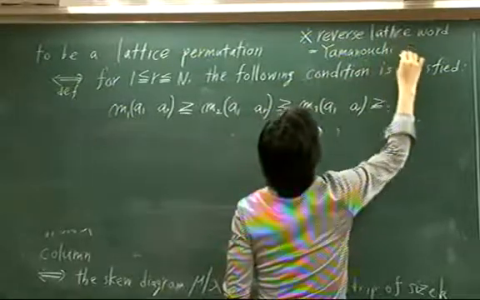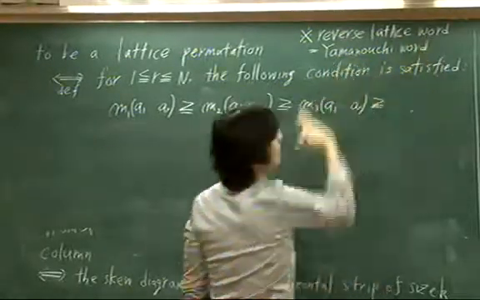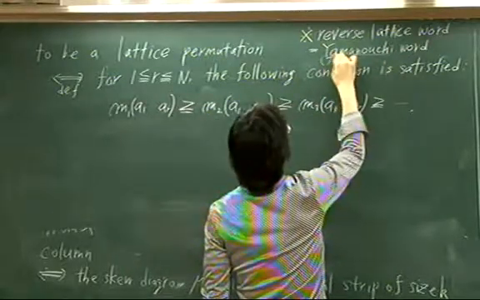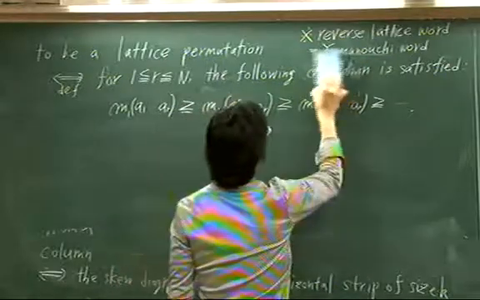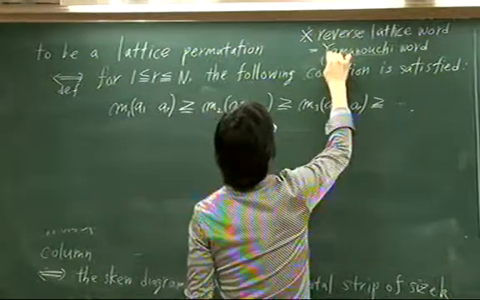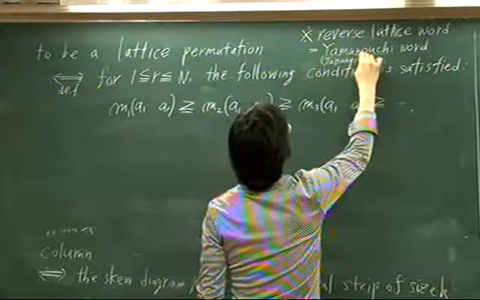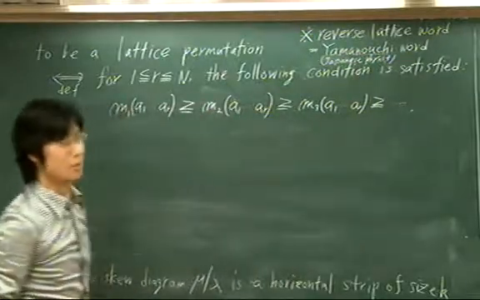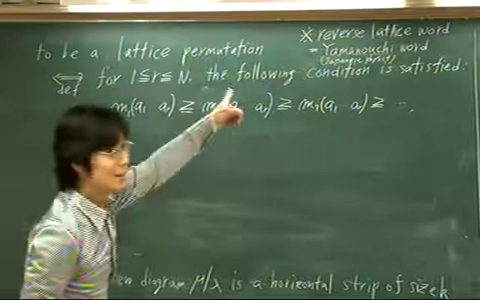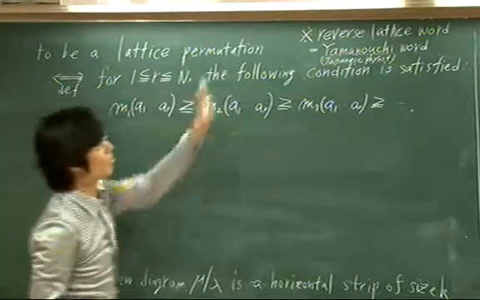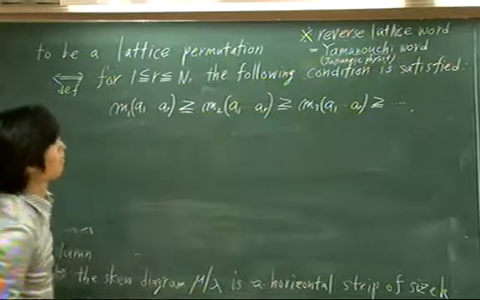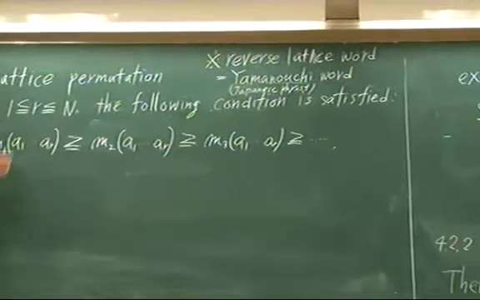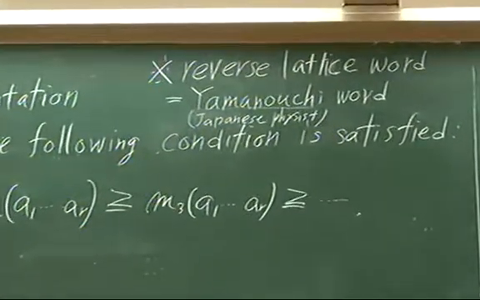Yamanouchi is a Japanese physicist, Takahiko Yamanouchi. Sometimes Yamanouchi word or reverse lattice word. We follow the convention of Macdonald: lattice permutation. I don't know why permutation, but lattice word or lattice permutation.